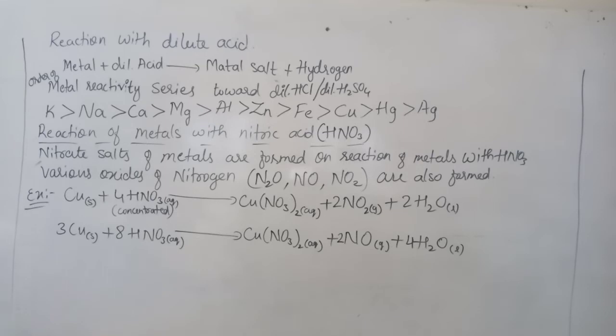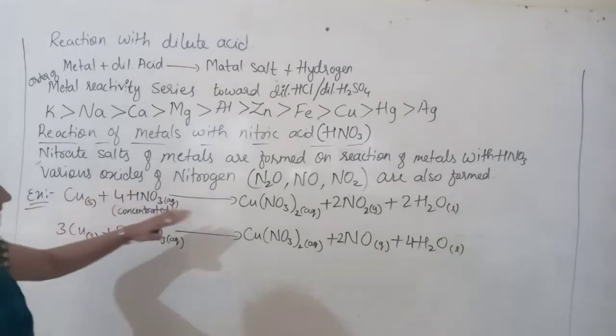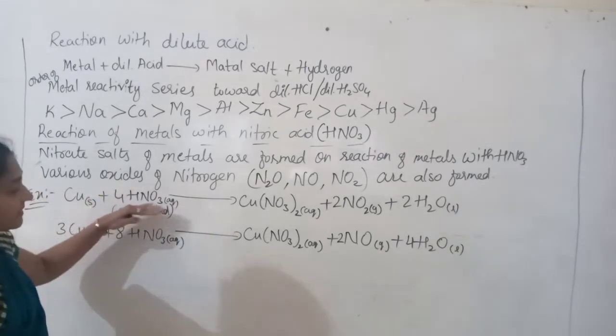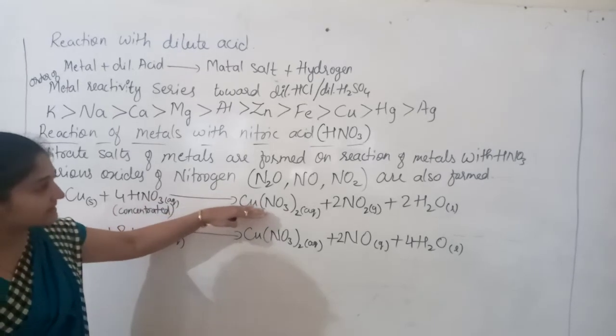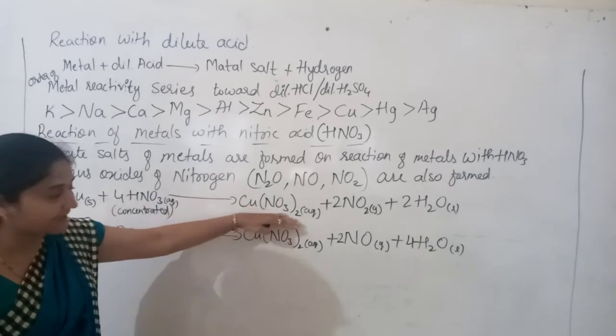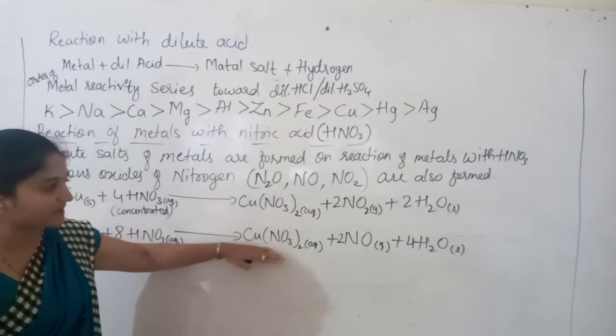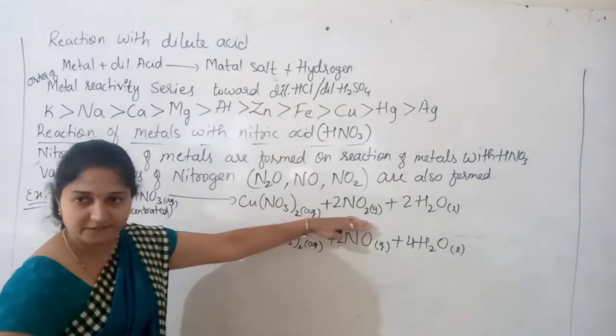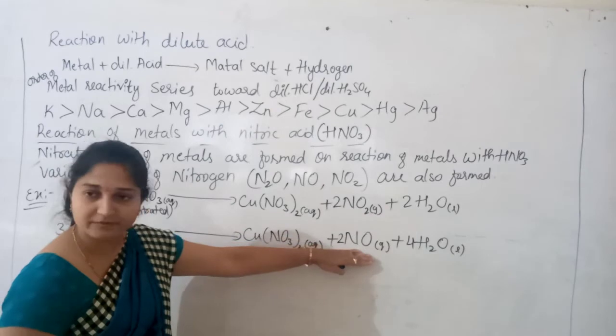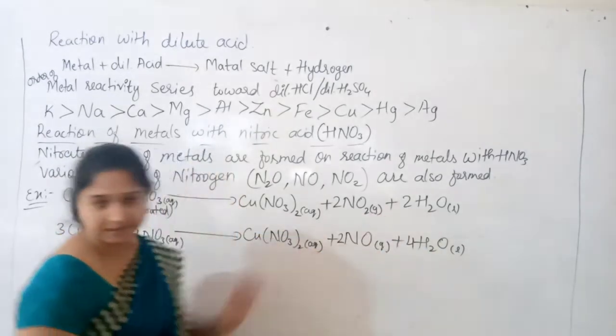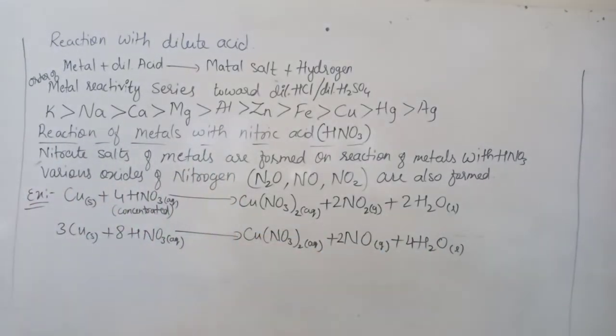So here this represents what? When a metal reacts with nitric acid, it forms its metal nitrate, copper nitrate, and oxides of nitrogen and water. Then another 2 exceptions are there.